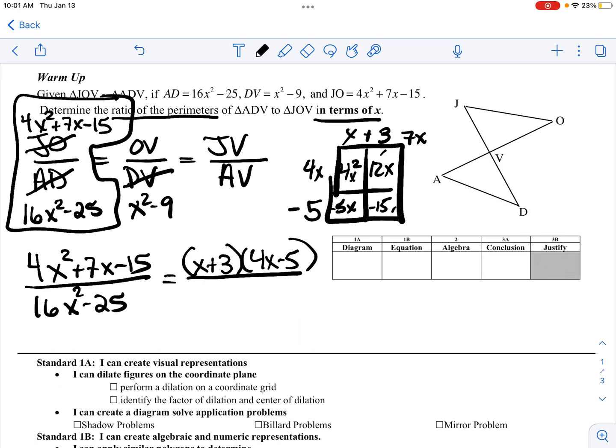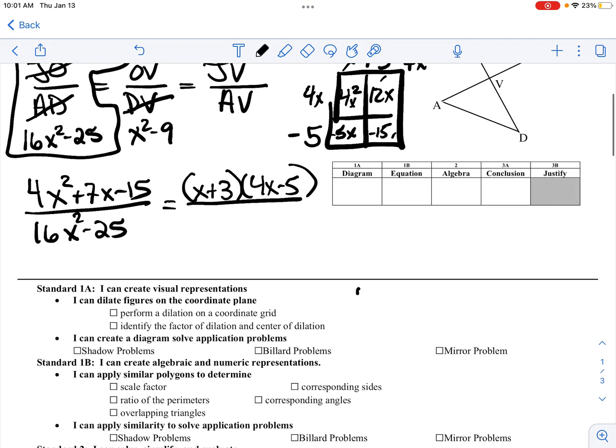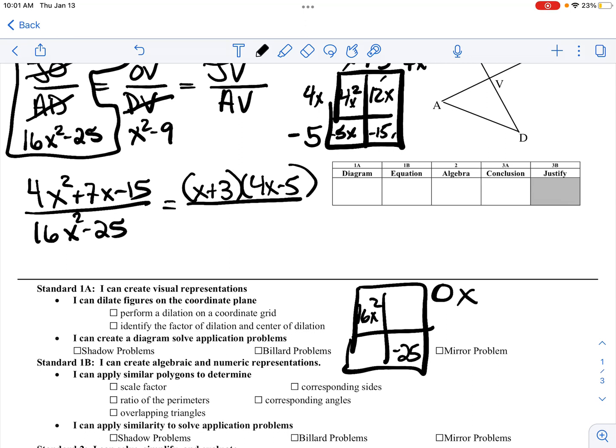Okay. Again, now I'm going to factor my denominator. I factor a denominator. Again, it didn't look like we gave you enough room, so I'll go down here. Again, I have 16x squared there. I have negative 25 there. And I need that to make 0. Well, the only way that terms can make 0 is if they're opposites. In other words, think about it. 8, negative 8 makes 0. 9, negative 9 makes 0.